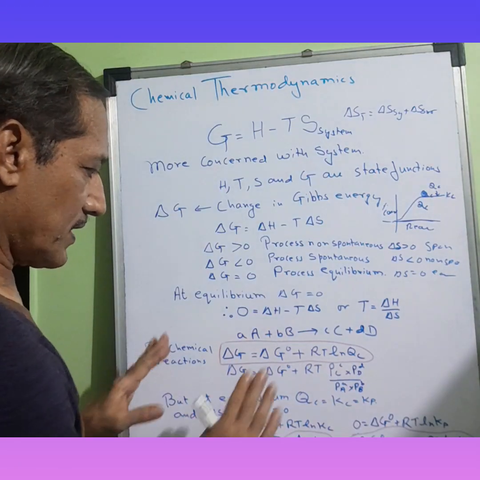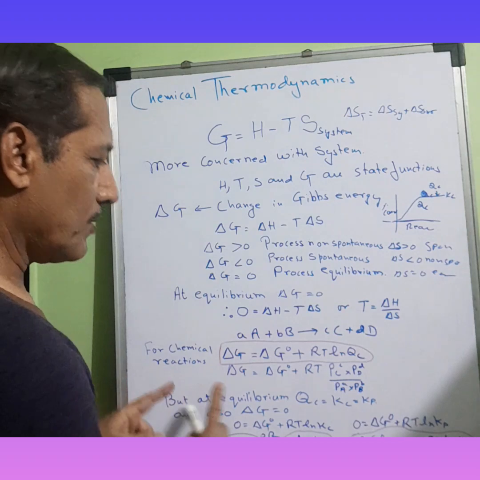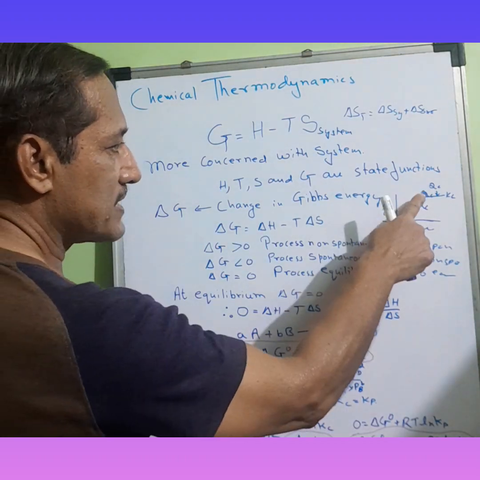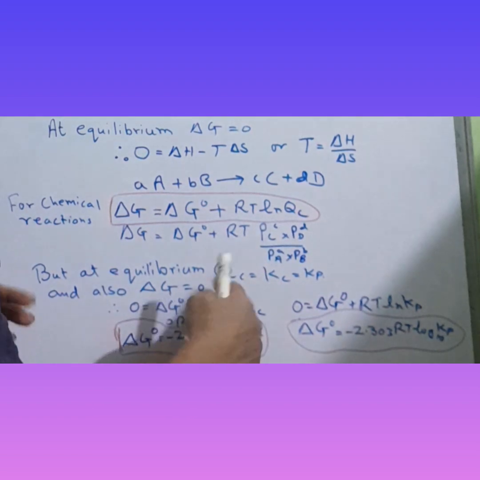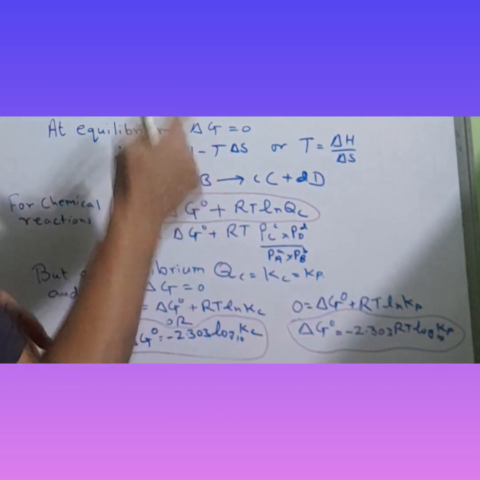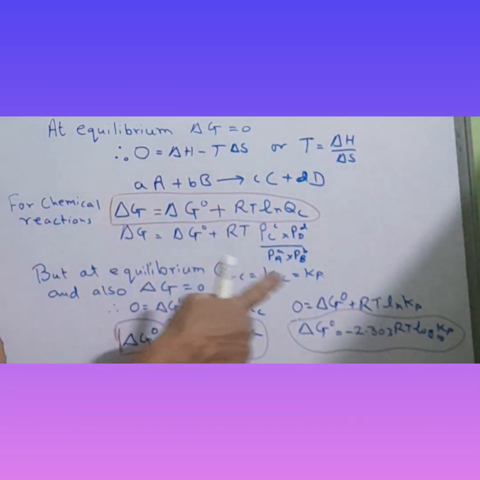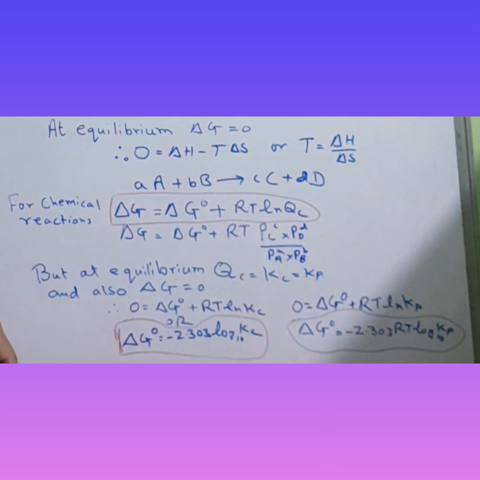That's the formula in terms of pressure. Now at equilibrium, as I mentioned, Qc is equal to Kc. Since right now we are talking about chemical thermodynamics, we would be concerned with pressure, so it would be Kp.